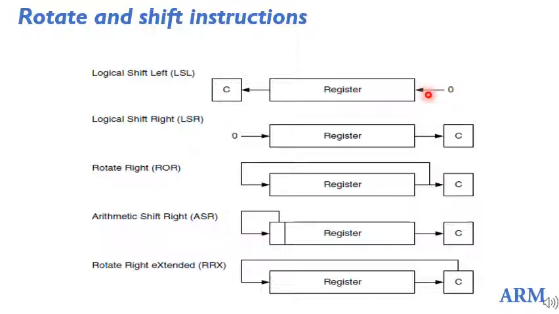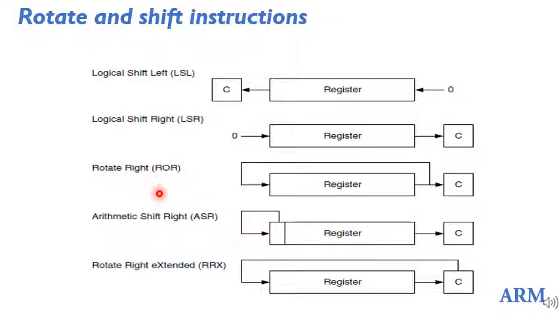The least significant bit will be filled with zeros, the bits will be shifted to the left by the number of bits specified, and the most significant bit will move to the carry. Logical shift right will be the other way around. The least significant bit will go to the carry and the most significant bit will be filled with zeros, and the whole thing will be shifted to the right.